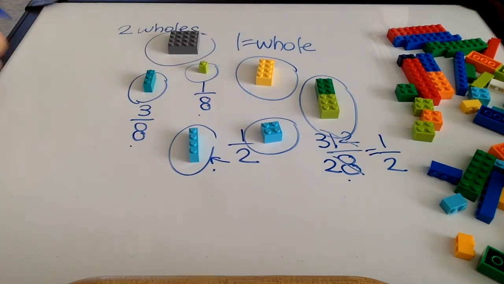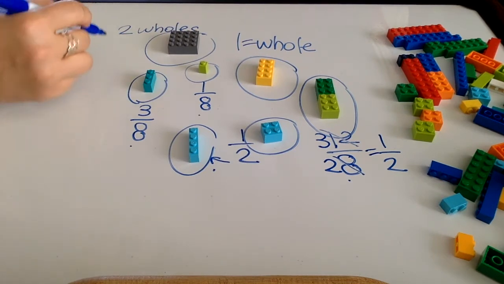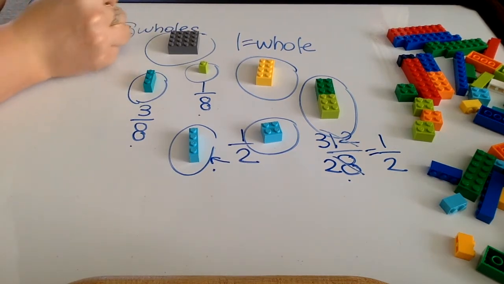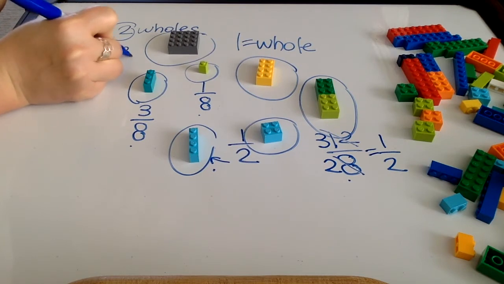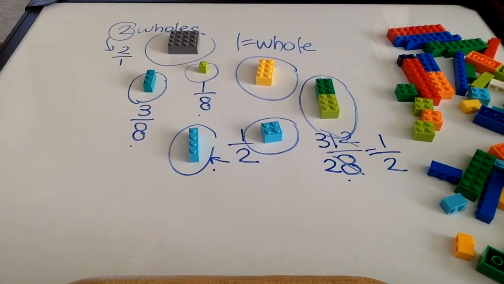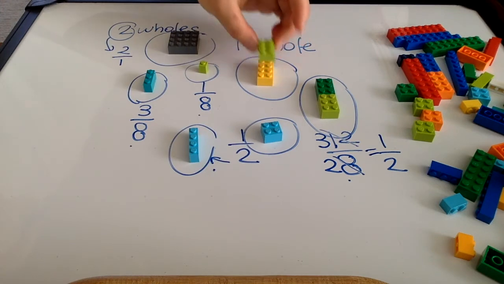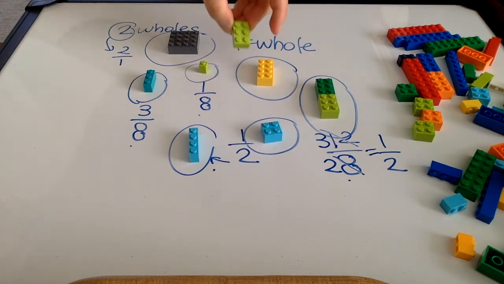Right? I have 2 wholes right over there. And with 2 wholes, you can always write it this way as well. Okay, what else can we do? Let me see. What if I had that? So it's not quite a whole. I have 6 dots out of 8.